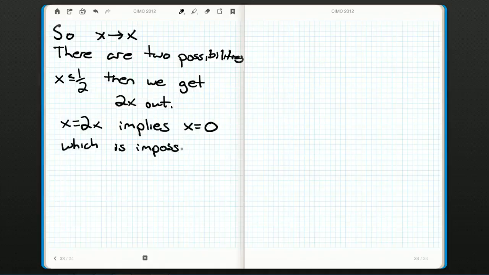And that's impossible because we said that 0 is less than x, less than 1. So that can't happen. So that's definitely not the case. So what does that tell us? Our x value has to be greater than a half. The other possibility.